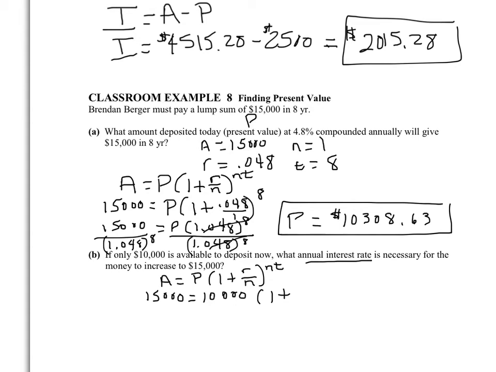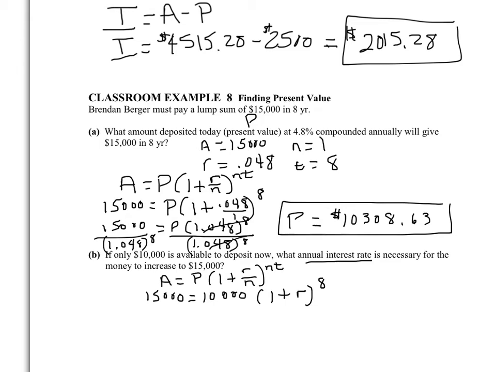So we don't know what R is, but we're going to assume that nothing else changes. It's still going to be compounded annually. So R over 1 is just R. And if N is 1, then 1 times 8 is still 8 for our N times T, for our exponent.